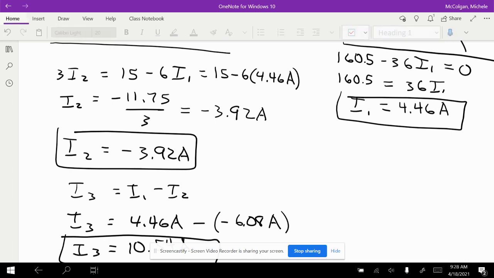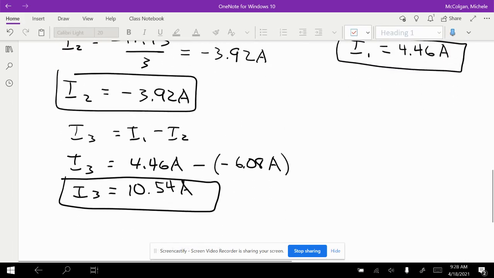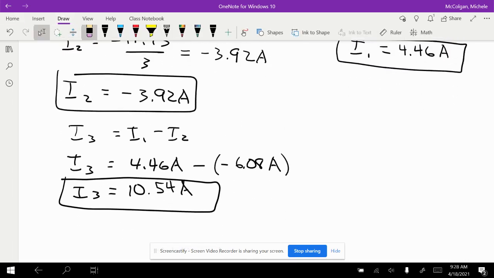And then if we go down here, let's erase this, and we'll erase that, fix that. So this is going to be 3.92. And then this is going to be 8.38. There we go.